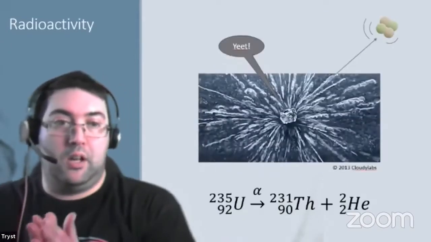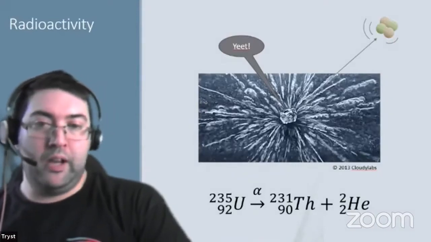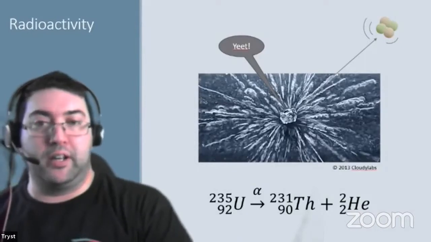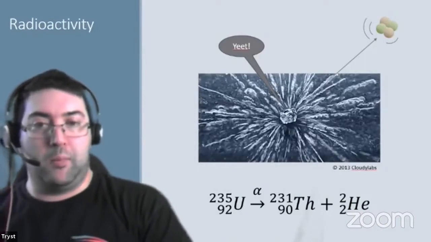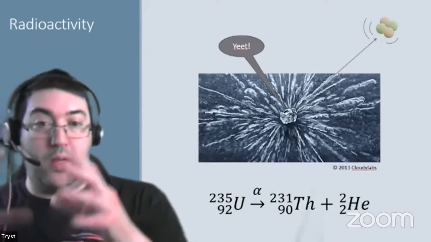So we said some of these atoms are unstable, and they reorganize themselves internally to try and become more stable. They do that through radiating.